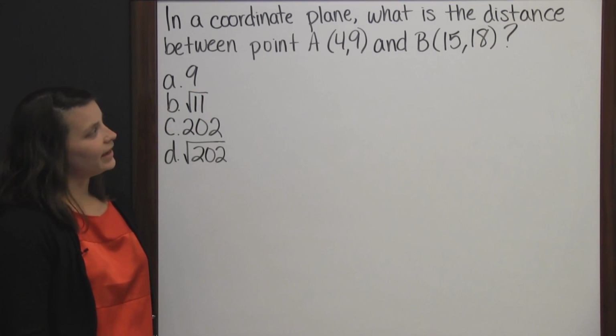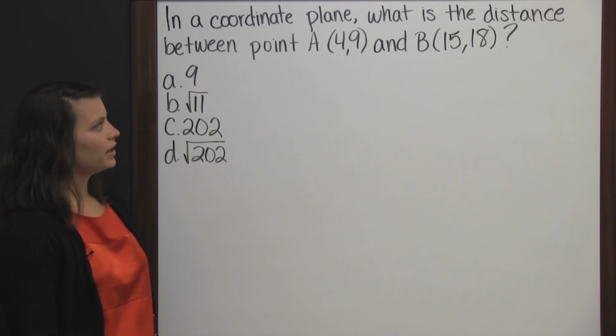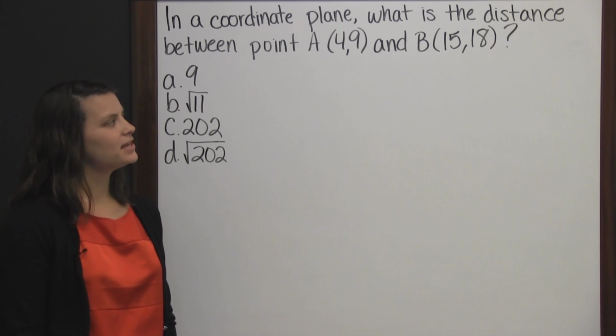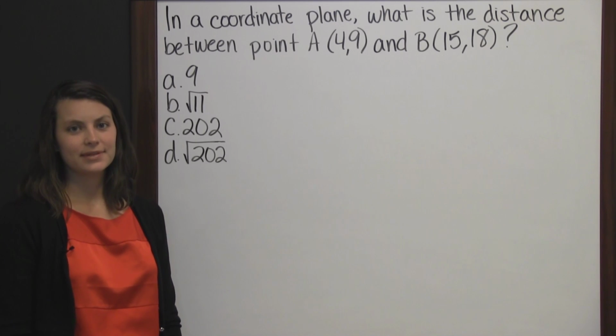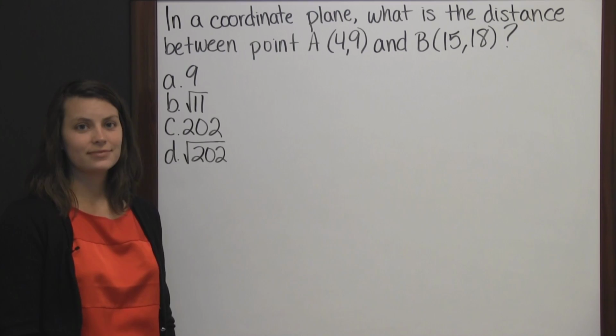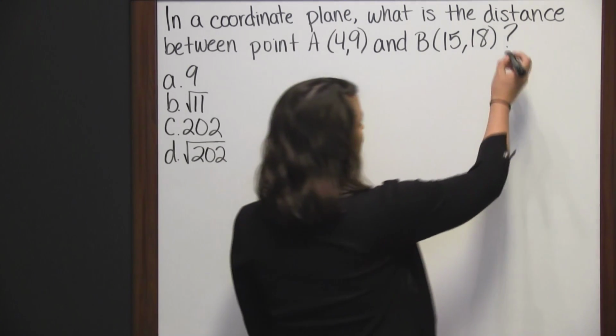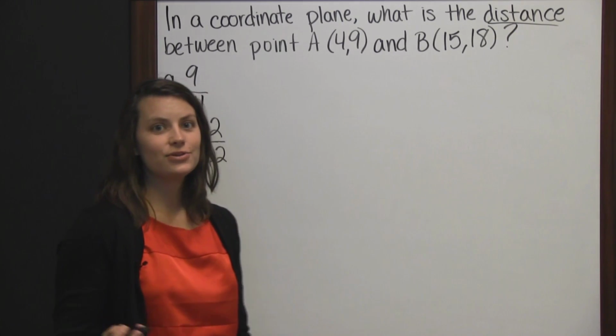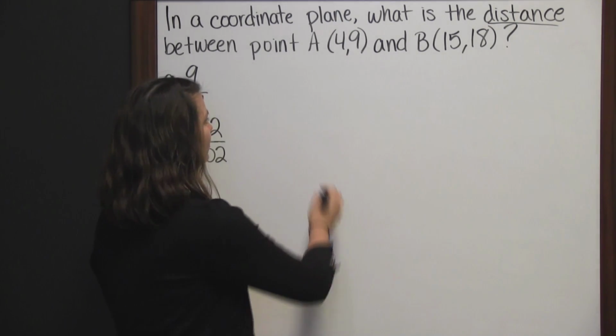In a coordinate plane, what is the distance between point A, 4, 9, and B, 15, 18? Well, there's a very straightforward way to answer this question. If we want to find the distance between 2 points in a coordinate plane, then we need to use the distance formula.